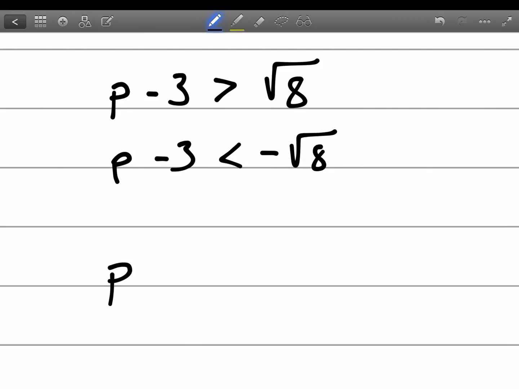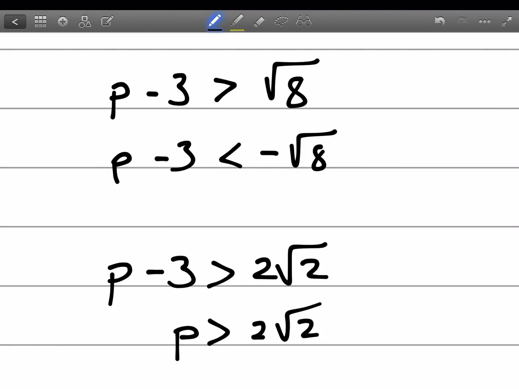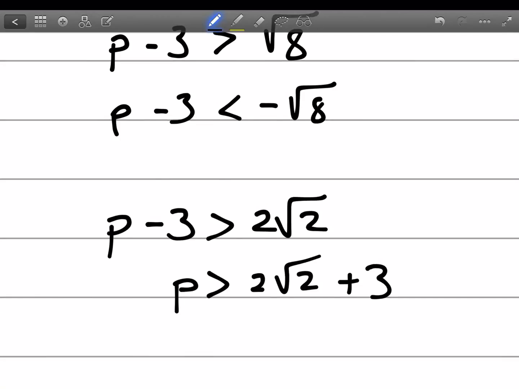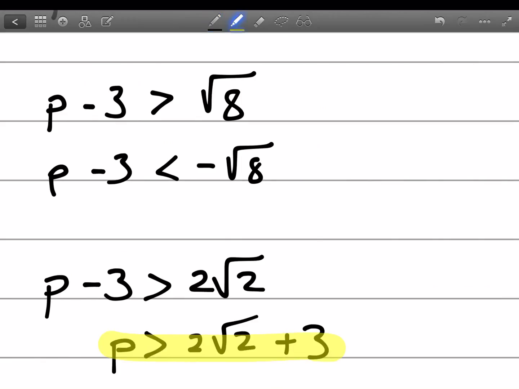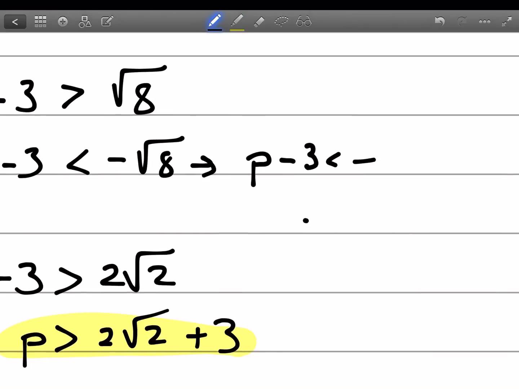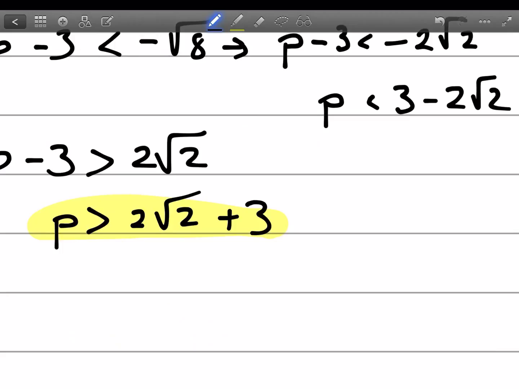That will be p minus 3 is greater than 2 times root 2, so p is greater than 2 times root 2 plus 3, or p minus 3 is less than minus 2 times root 2, and p is less than 3 minus 2 times root 2.